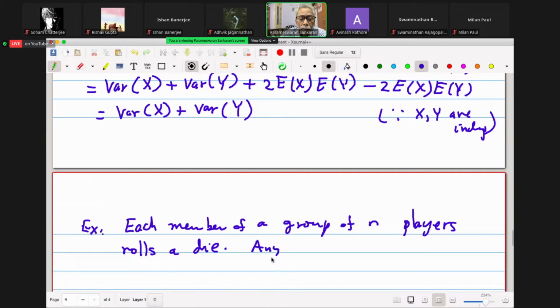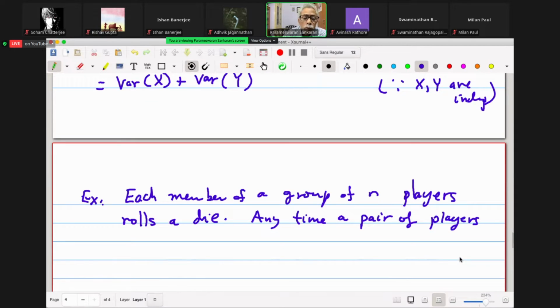Anytime a pair of players throw the same number, the group wins a point.